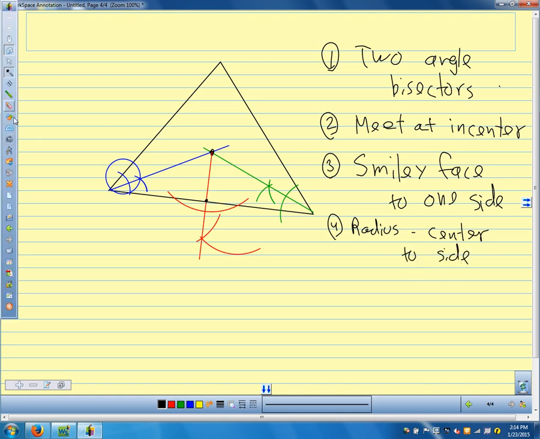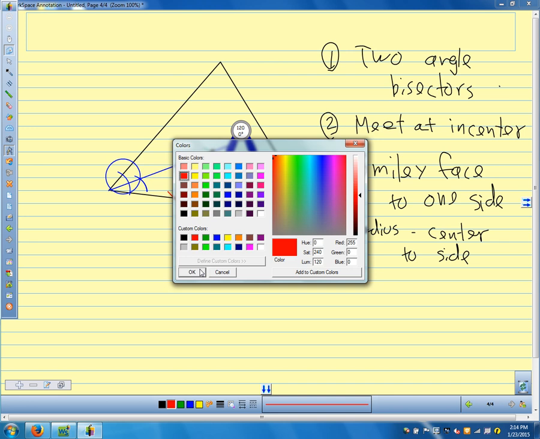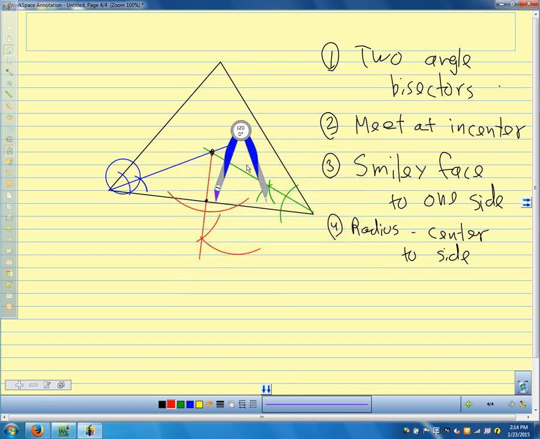So now I can make my inscribed circle. I'll do that in, I need to pick a new color. How about a purple? So I go from the center to that side where I made my smiley face. And this one's a little harder to do really well.